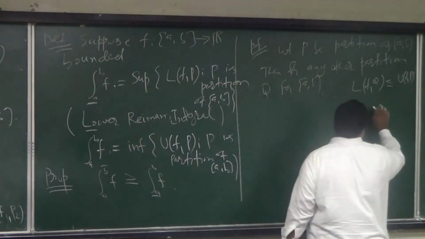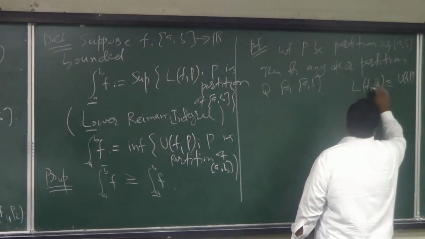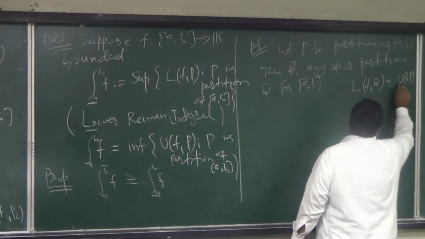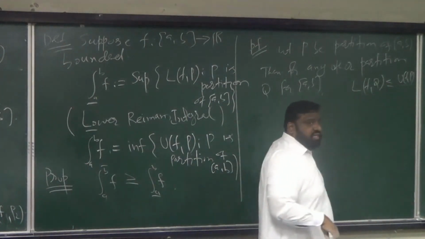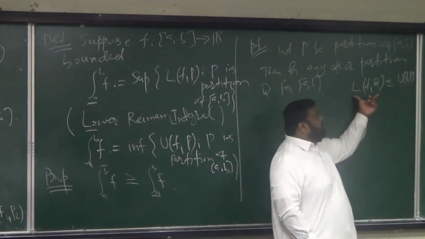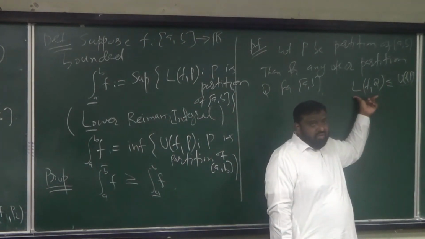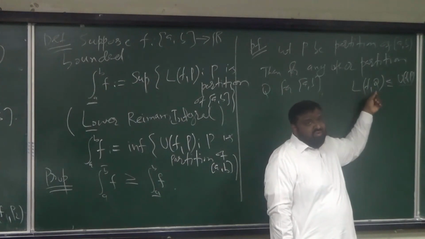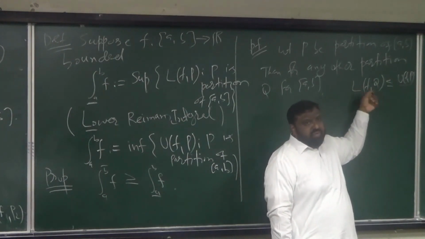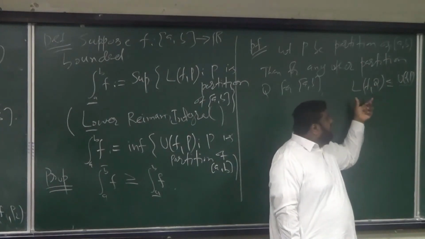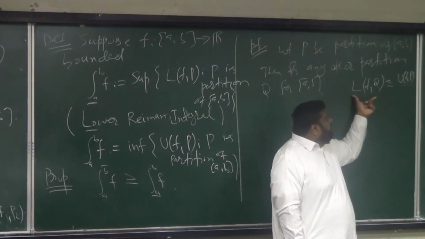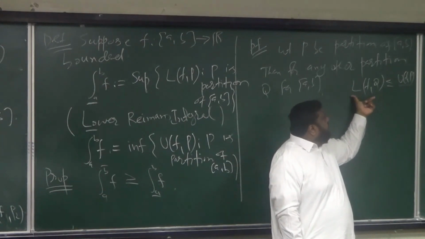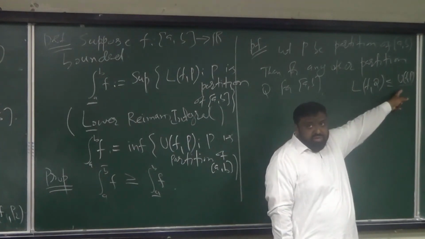So just think about it. This UFP is like an upper bound for the LFQ value. So no matter what Q you take, could be P, could be bigger than P, smaller than P, doesn't matter. So LFQ is less than or equal to UFP.